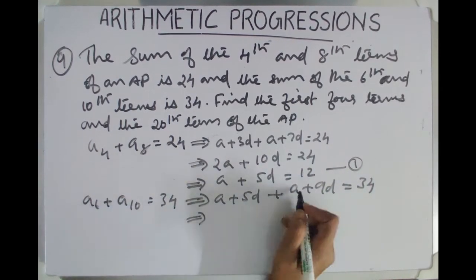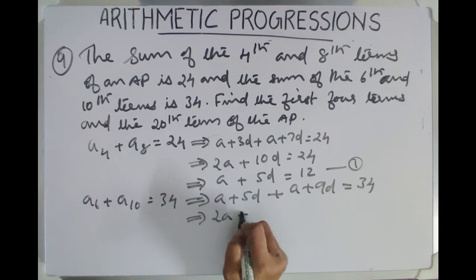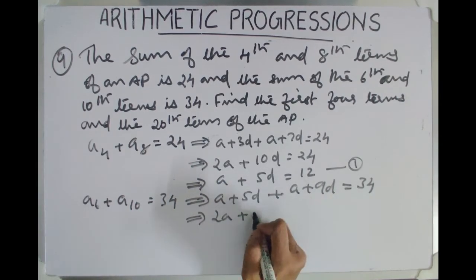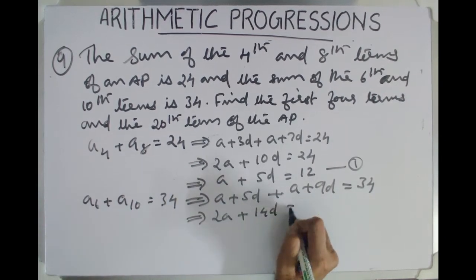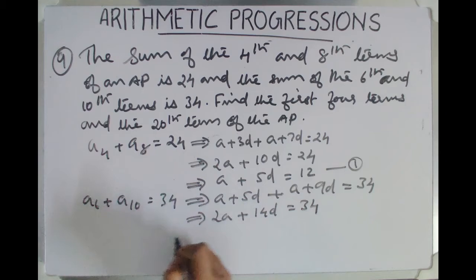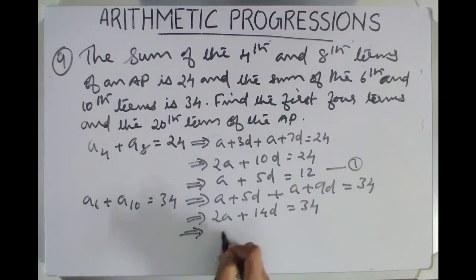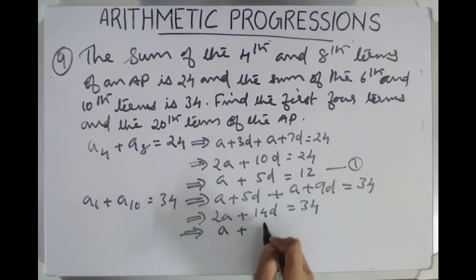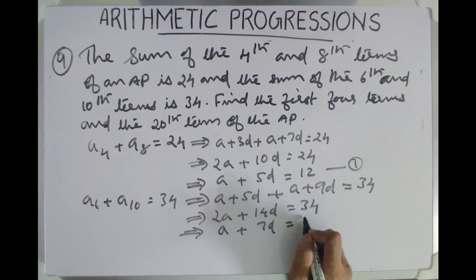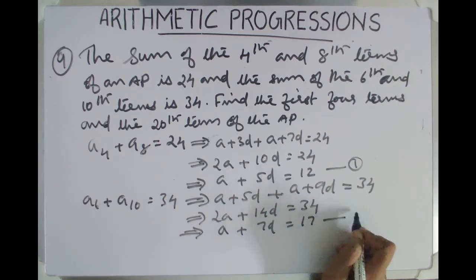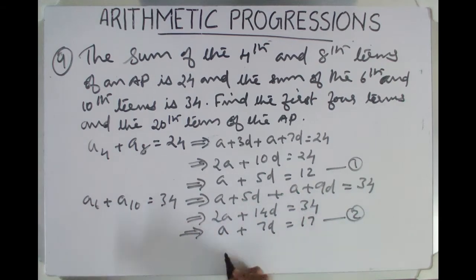This implies A plus A is 2A, plus 5D plus 9D is 14D, equal to 34. Simplify this. We can divide everything by 2. 2A by 2 is A, plus 14D by 2 is 7D, equal to 34 by 2, which is 17. This is the second equation.